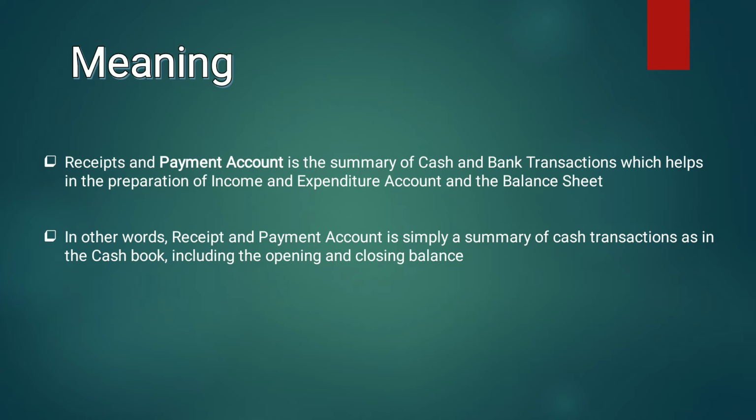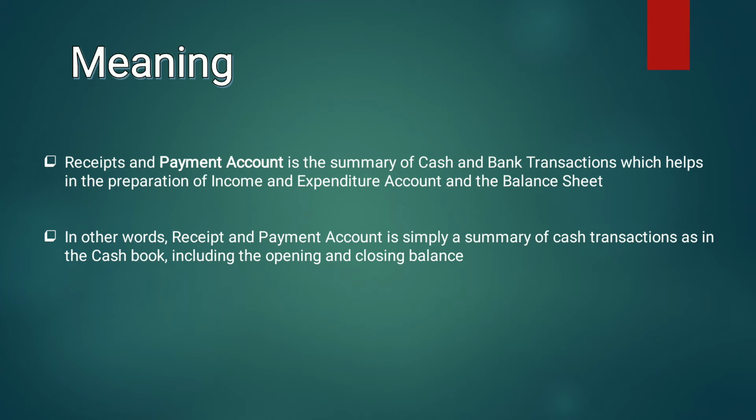So the main assistance that is being given by receipts and payments is in preparing the income and expenditure for the particular year and also the balance sheet thereon. From the balance sheet we can know the liabilities and assets. Yes, so the company's details can be taken out from the balance sheet, and also we can prepare income and expenditure accounts with the help of receipts and payments.